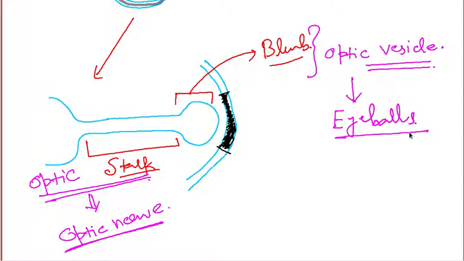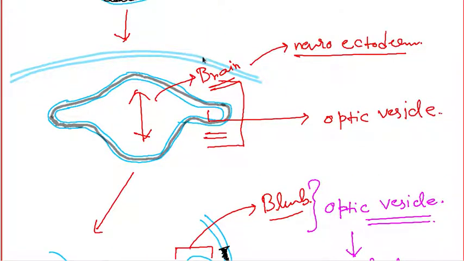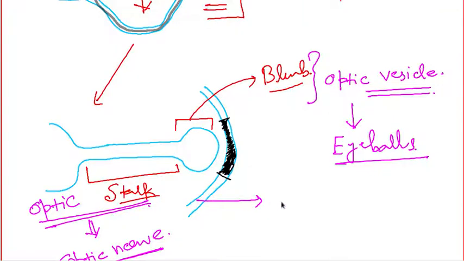Now as you can see, this optic vesicle is coming in contact with the surface ectoderm. First this is neuroectoderm, and now it will come in contact with the surface ectoderm. This is lateral enlargement.